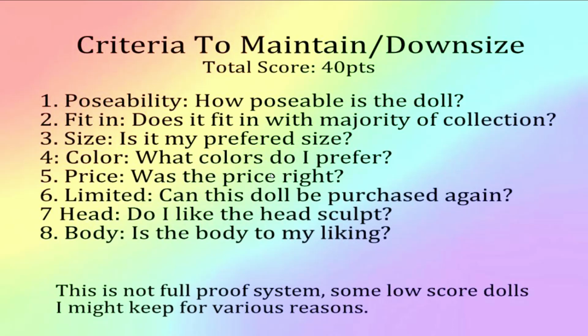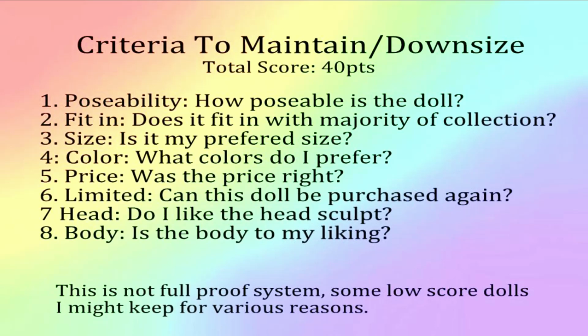The criteria sheet that I was talking about, this is just a system that I tried to create to determine how much I may like a doll and whether or not I want to decide to sell the doll. So it's pretty much a scoring system that I came up with for my own personal use.